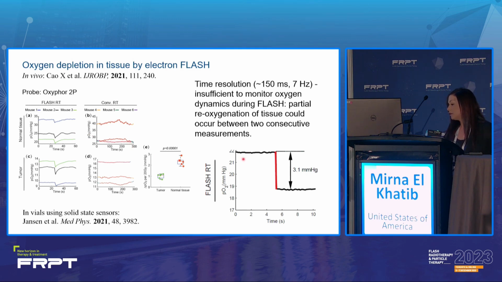As you can see here, the results show that a single dose of flash radiation does not result in instant hypoxia. However, at the time, the time resolutions of these measurements were too low to monitor oxygen dynamics during the application of the electron flash. So what remained as a question was, what if instant hypoxia occurs between the two consecutive measurements?